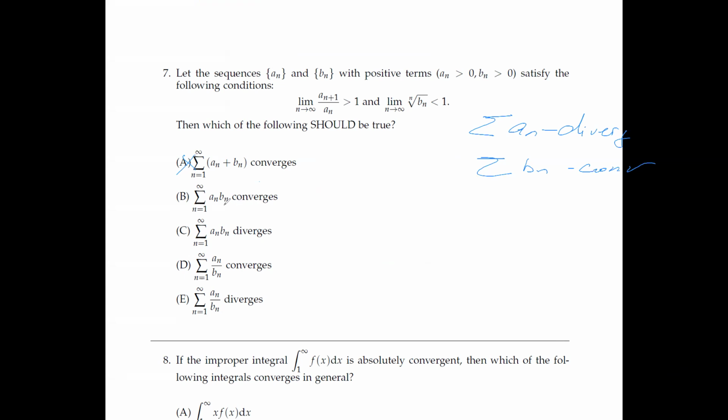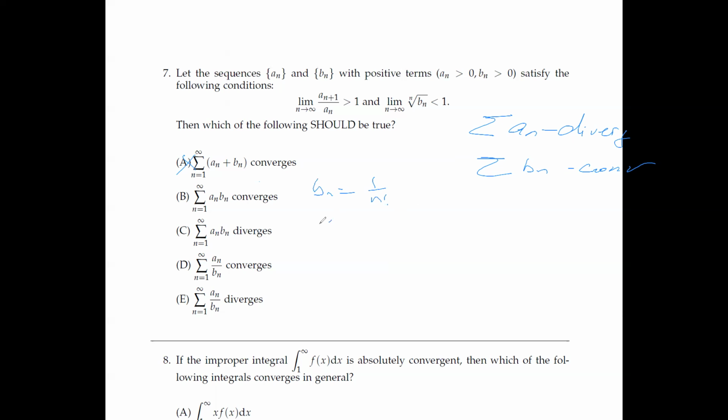So give me an example when a(n) times b(n) is convergent. Convergent means b(n) should be dominating. Like imagine our b(n) is, for example, 1 over n factorial.